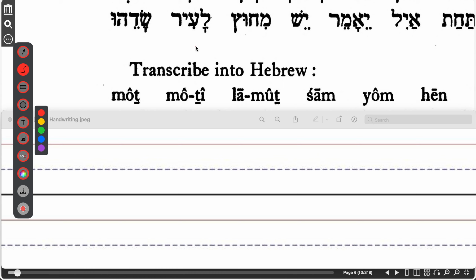So we have moat. So this would be, so I want to draw from right to left. I'm going to go this way with drawing. So I got my mem. And so the way this works is come up here like so. No, I want to do it differently.